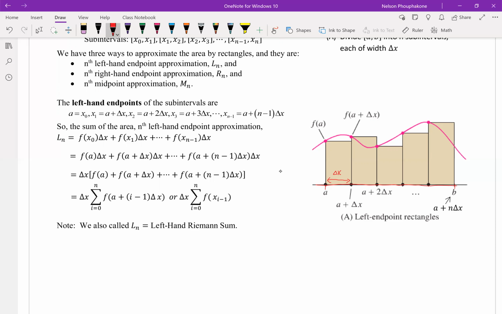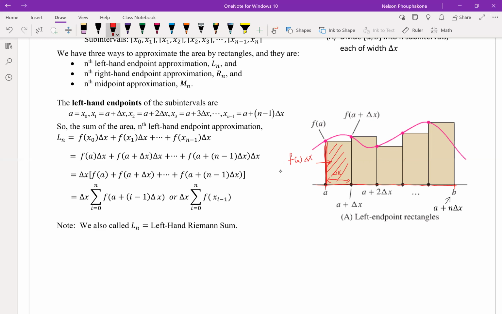Now, why do we call this the left-hand endpoint? Because we choose the height of the rectangle from the left endpoint. The first height is f of a, so the area of this rectangle right here will be f of a times delta x.